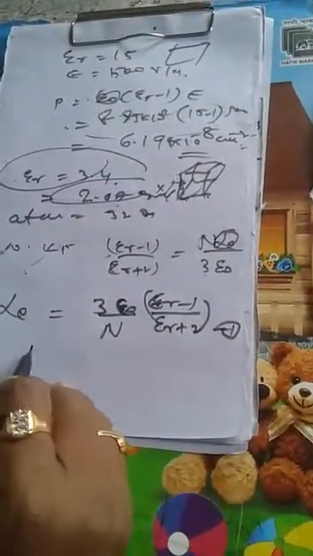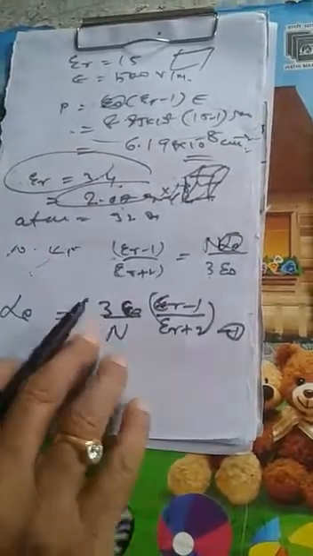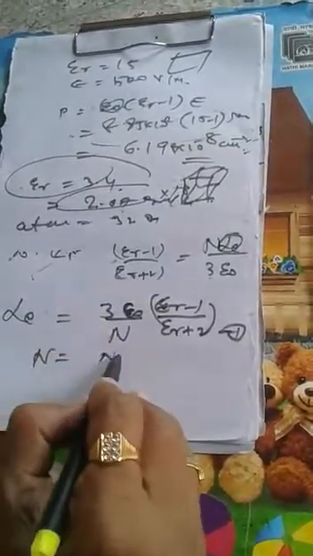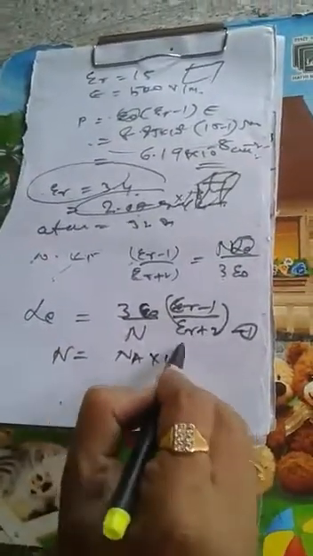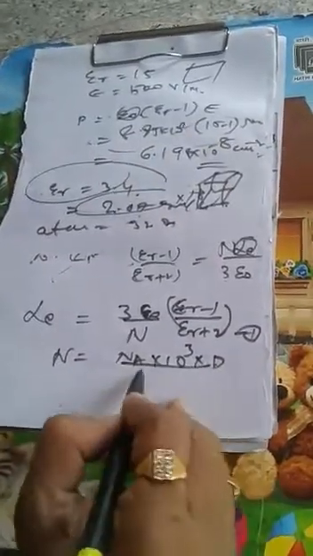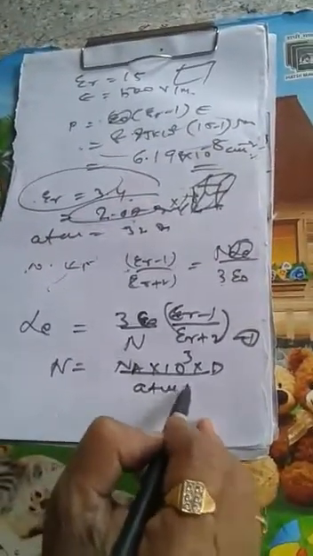But the number of atoms per unit volume is given by the relation N = Avogadro number × 10^3 × density divided by atomic weight.